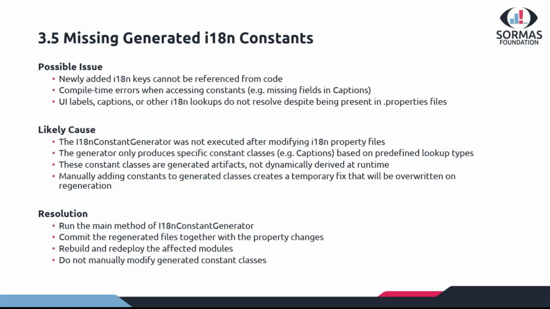Anytime you update any of the properties files for internationalization, quickly go to internationalization constant generator and execute the main method and commit the generated files to your Git history. Then rebuild and deploy the affected modules. Never manually modify these classes.